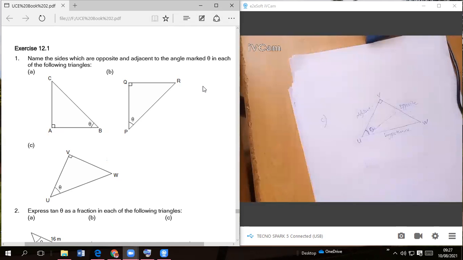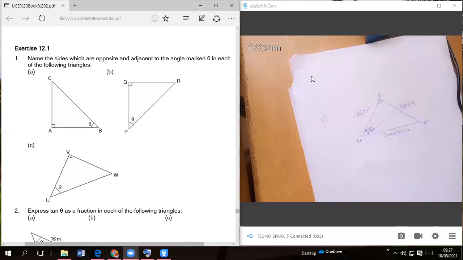Because QR, QP. So what is QP? Yes, Cynthia, what is QP? QP is the adjacent, correct.